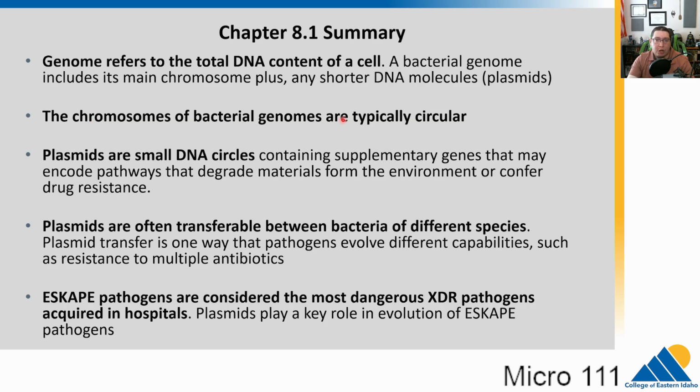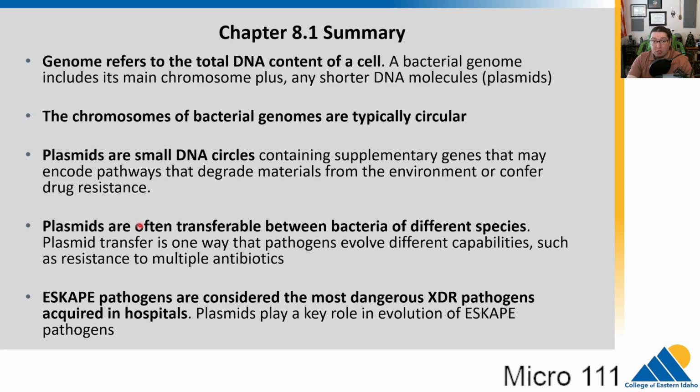Chromosomes of bacterial genomes are typically circular, whereas yours are linear. Plasmids are small circular pieces of DNA that contain supplementary genes. They might encode a gene pathway that allows the bacteria to degrade materials from their environment, or give them antibiotic resistance, which gives them a fitness benefit, as we call it.